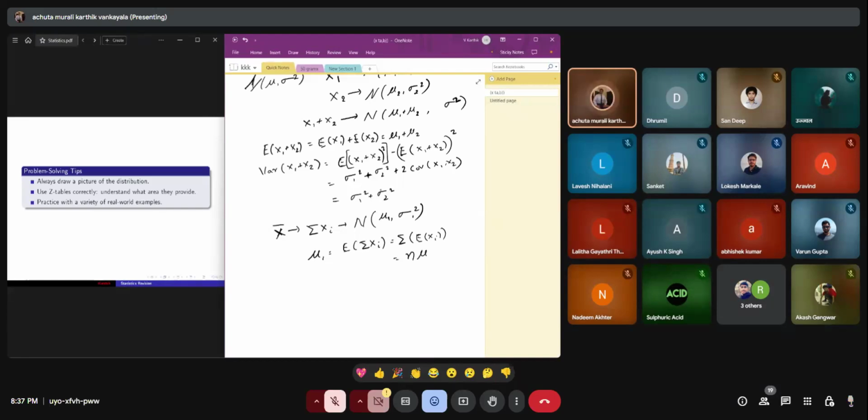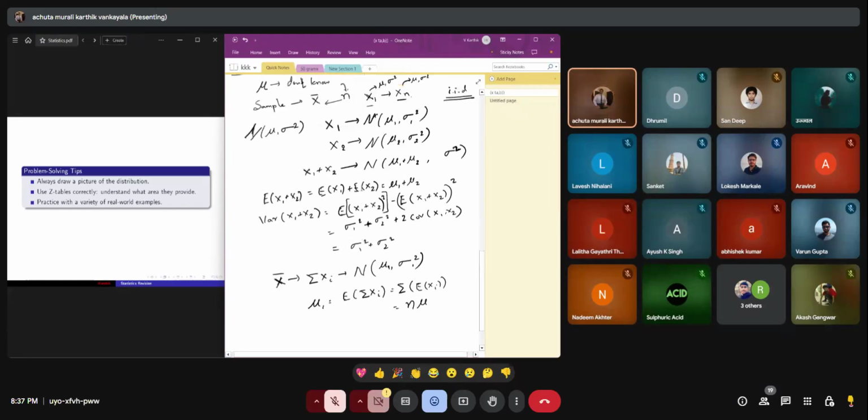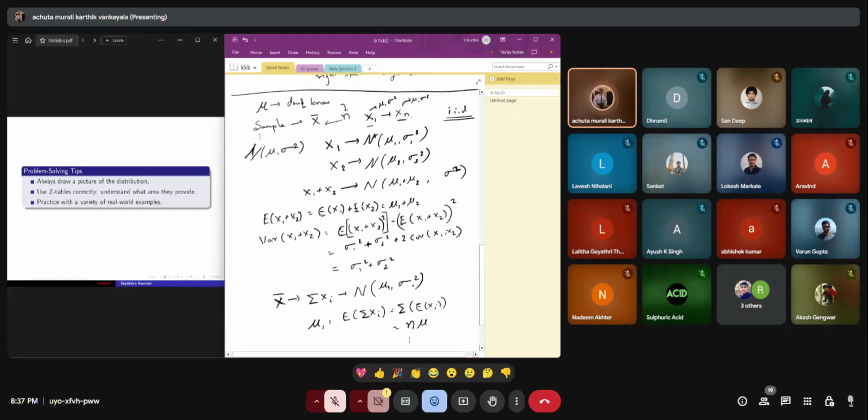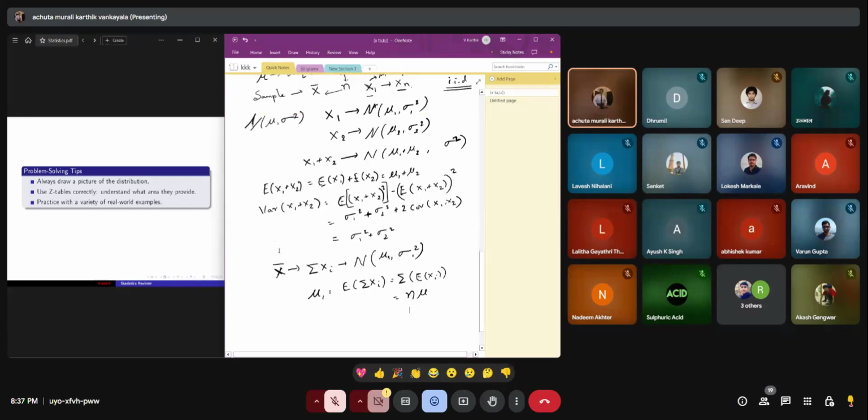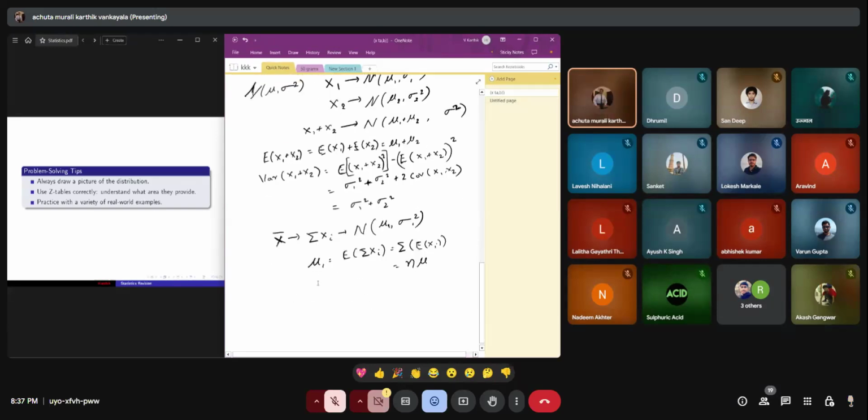Each xi is coming from this distribution, the population. So your x bar would have mu as the mean, because sigma xi has n mu, and x bar is sigma xi divided by n, right?